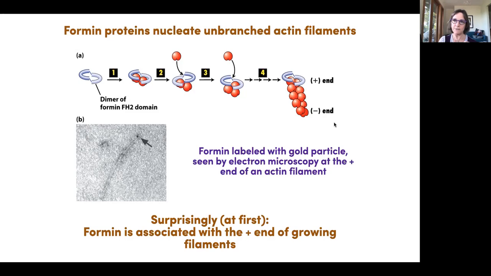Whereas ARP23 are found at the minus end, the non-growing end of an actin filament, there's this family called formins that surprisingly turned out to be associated with the growing end of an actin filament. And they work not so differently, but what they do is they coordinate the addition of actin to the growing end of an existing filament. And so they nucleate straight actin filaments rather than branched ones.